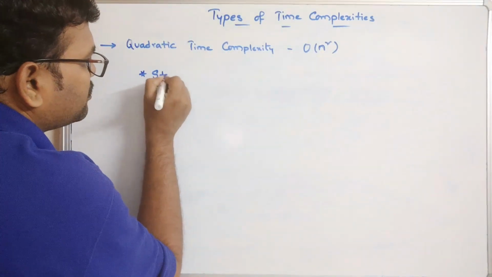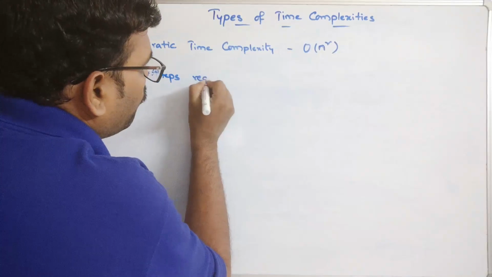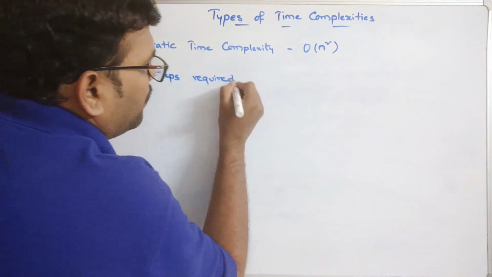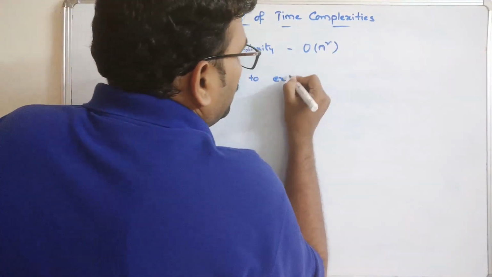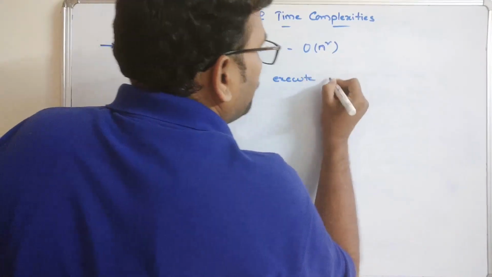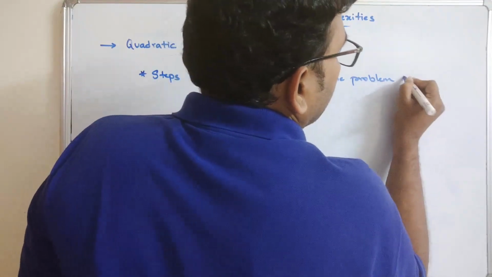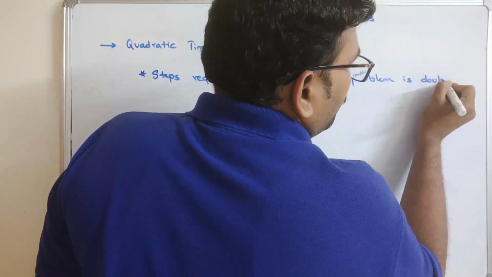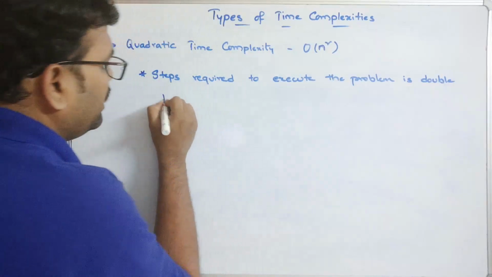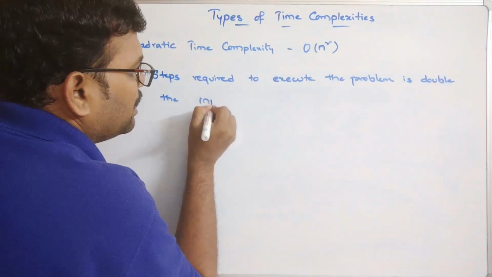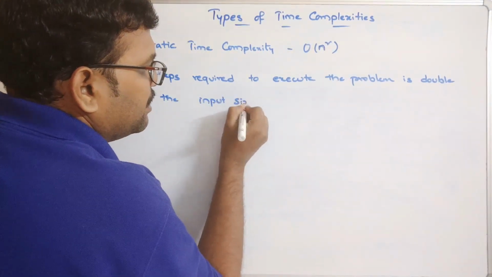So the steps required to execute the problem is double the input size.